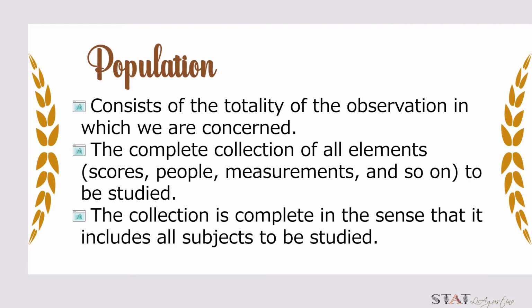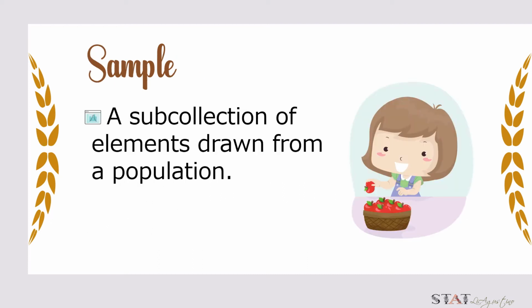And it is a complete collection of all elements, scores, people, measurements, and so on, to be studied. And the collection is complete in the sense that it includes all subjects to be studied. So that is the population. So I know you understand what population is.